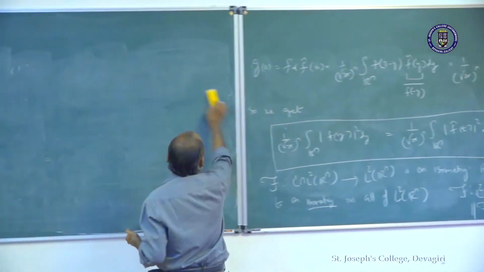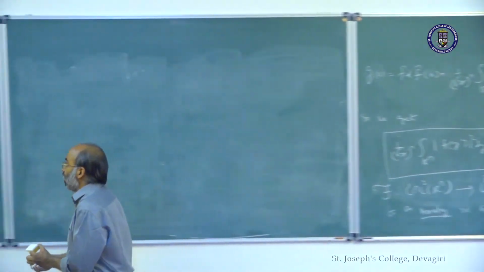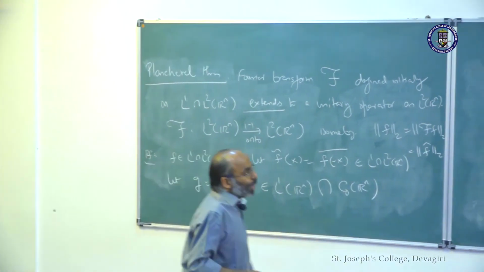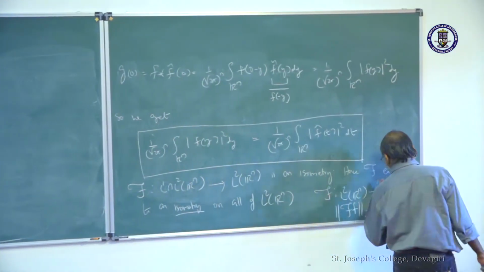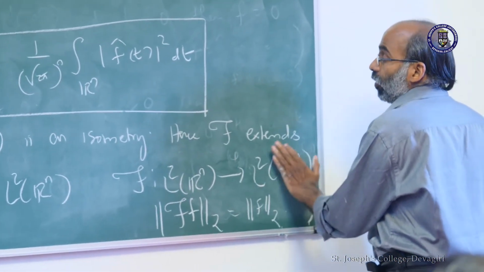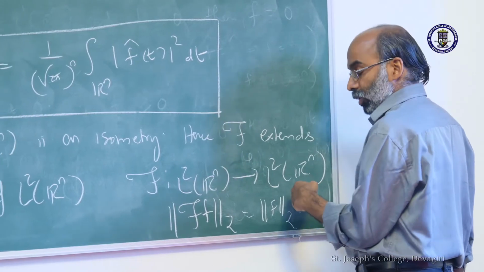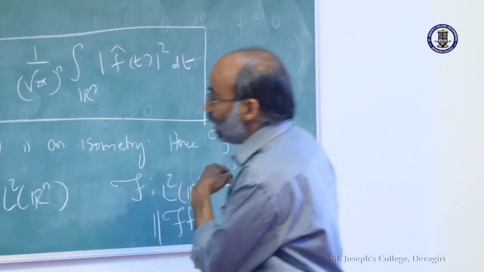So, we need to complete the proof. Here it is an isometry on L1 intersection L2, and I have extended it to L2. Now, I need to show that it is a unitary operator, which means that the image is all of L2. But it is an isometry, so the image will be closed. So, it is enough to prove that I have a dense class which is in the range of script f.